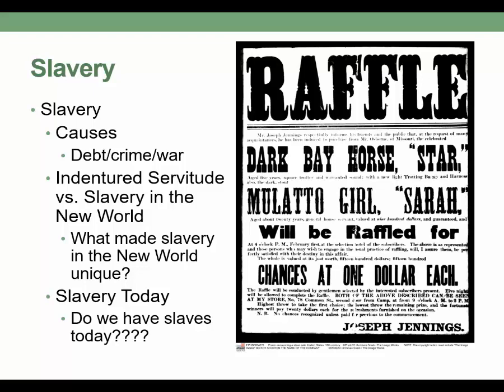And there were certainly early examples of indentured servant status being granted to not just Europeans, but also some Africans, as well as Native Americans. However, over time, in those early years of America, indentured servitude, particularly for people of African descent, kind of hardened into slavery.